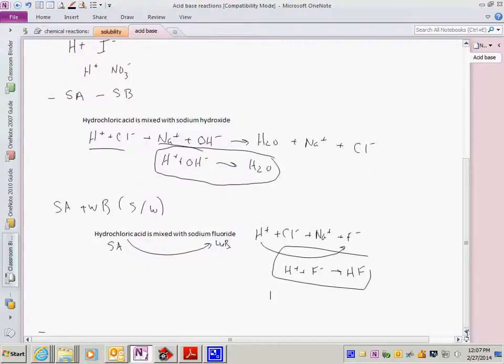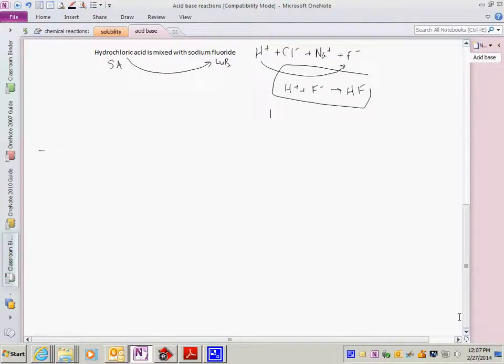And finally, we have situations where we have polyprotic acids. So a polyprotic acid, okay, might be a situation where we have equal volumes of equal concentration of NaOH and let's go with phosphoric acid.